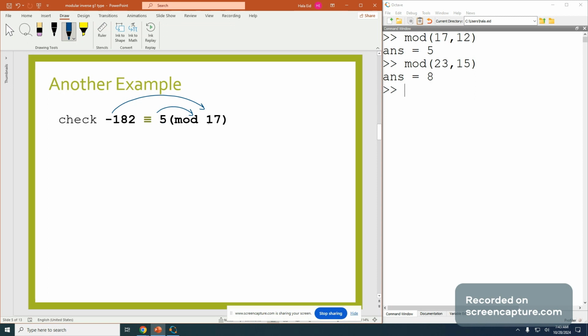So I'm asking myself, is negative 182 mod 17 equal to 5? I can just do it using Octave. You can say mod negative 182 and 17. Is it equal to 5? Well, it is equal to 5. So we say that negative 182 and 5 are congruent mod 17.